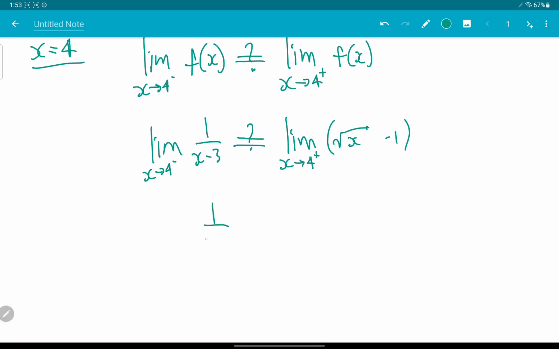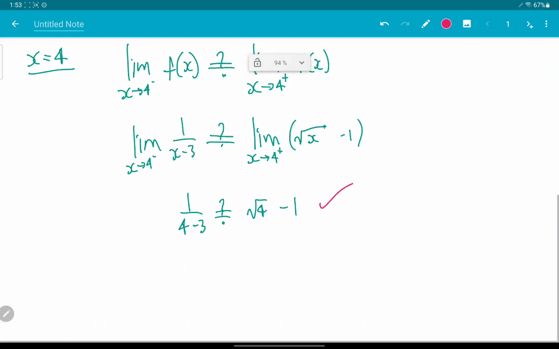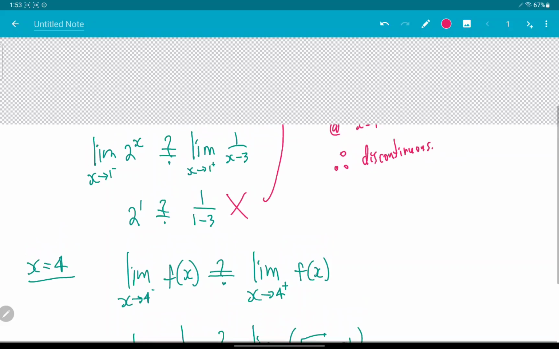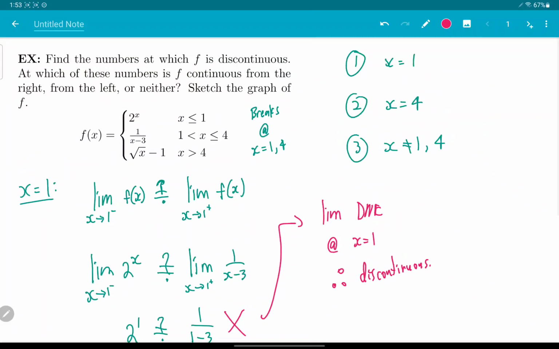And lo and behold, I get the same thing, don't I? In both cases I get 1. So, big check mark. My two limits agree. So the overall limit exists at x equals 4, and it equals the value of the function.